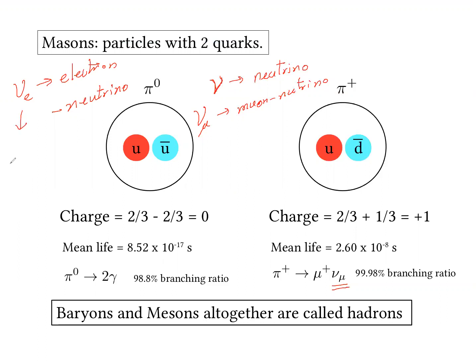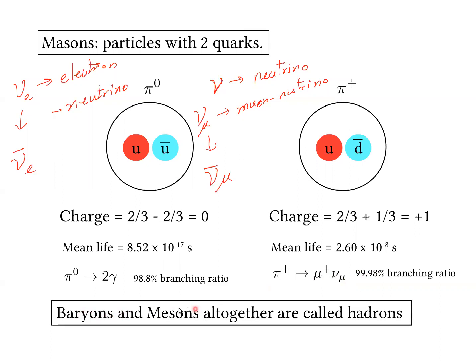And of course, they have anti-particles also. Because a muon is involved here, it comes with a muon neutrino. If it is an electron, then it comes with an electron neutrino. So it is an unstable particle. It decays to these two within this amount of time with almost 100% branching ratio.